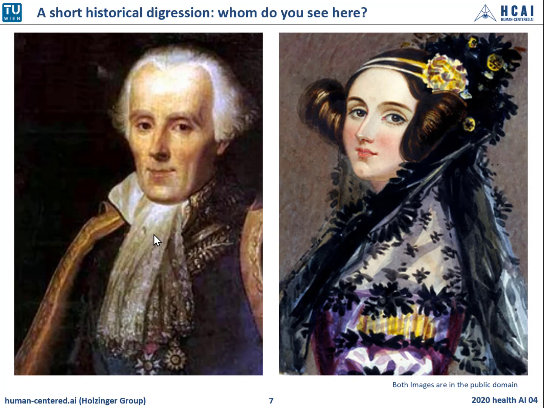And on the right hand we see a nice lady, and this lady is a contemporary of Laplace. And I give you a hint, she is a pioneer in computer programming. A programming language is named after her. Yes, this is Ada Lovelace from 1815 to 1852.